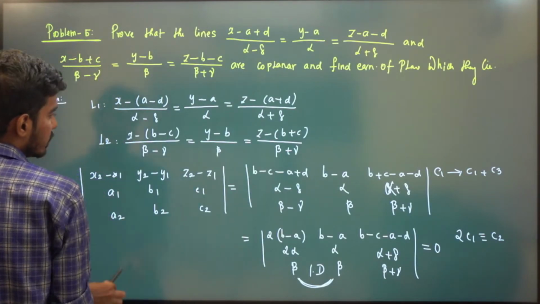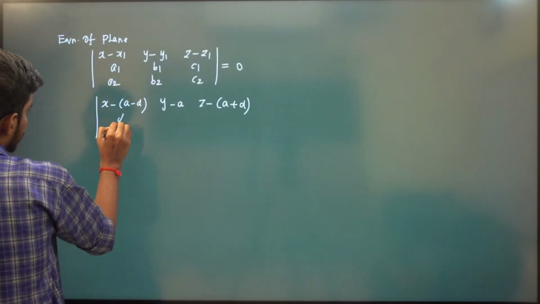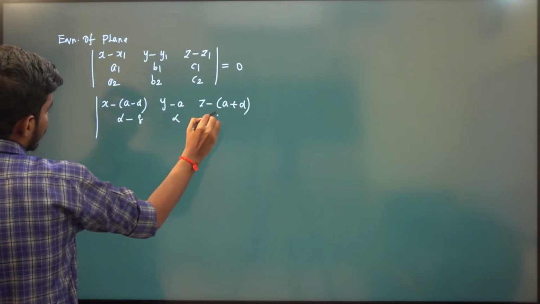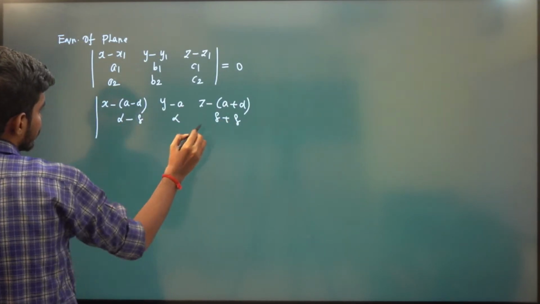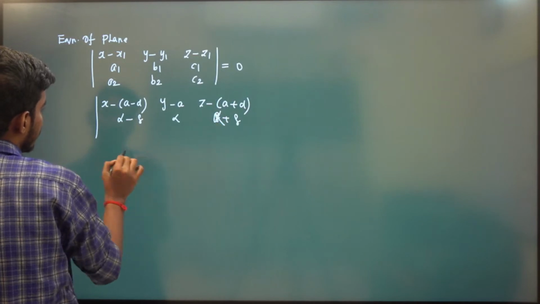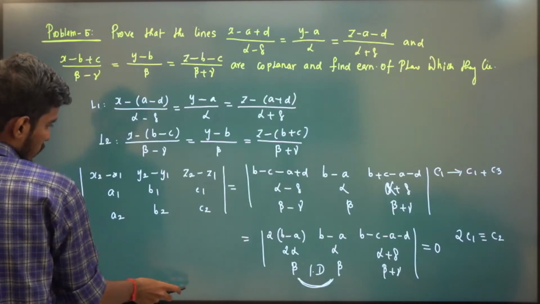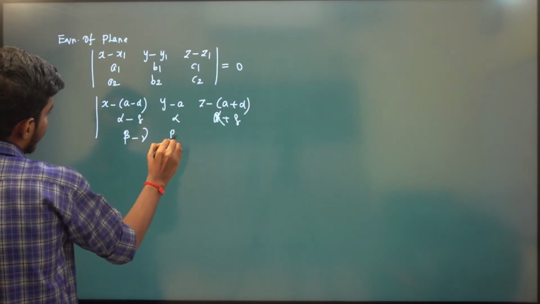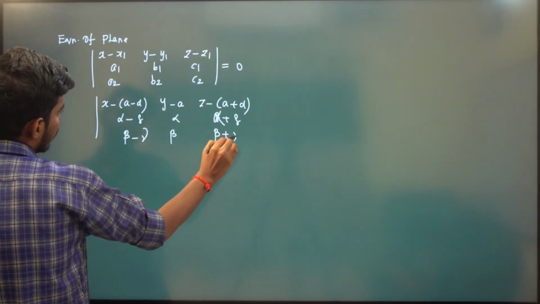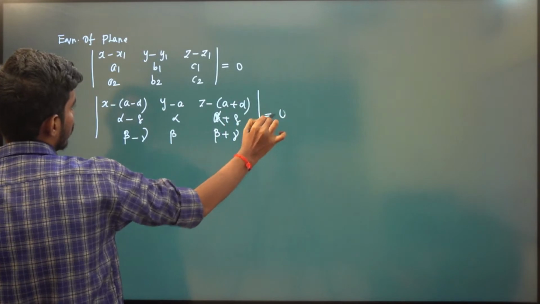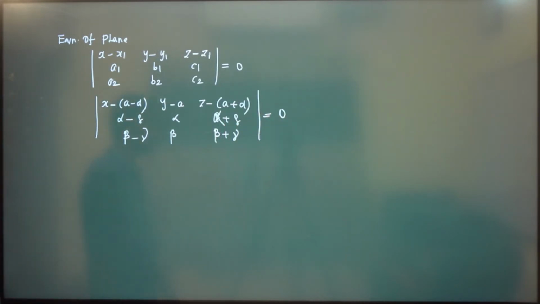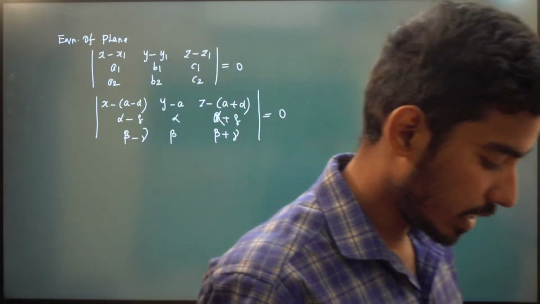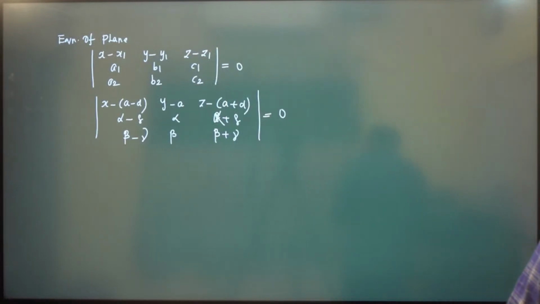So alpha minus delta, alpha, alpha plus delta, beta minus gamma, beta, beta plus gamma is equal to 0. Just expand this, right? Just expand this and get the required answer. You will get a plane. Okay.